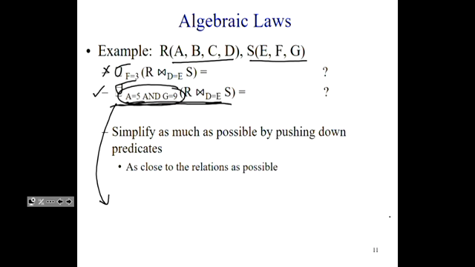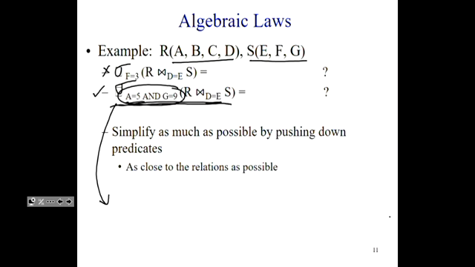Okay. So what I want to do is to take these predicates and push them down into the expression such that they apply as close as possible to the relations. Okay, so I want them to be applied to the relations first as opposed to later on. So how might I simplify this expression?